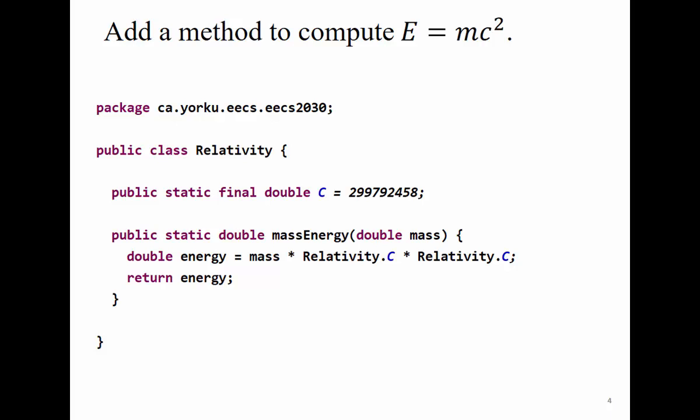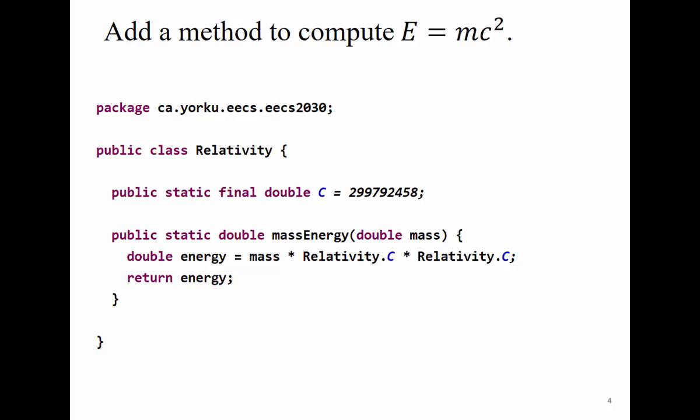Because the constructor is responsible for creating an object from the class. Now our Relativity class does not have a constructor, so we are assuming that we will not create an object. Is that true? Or can we still create an object?